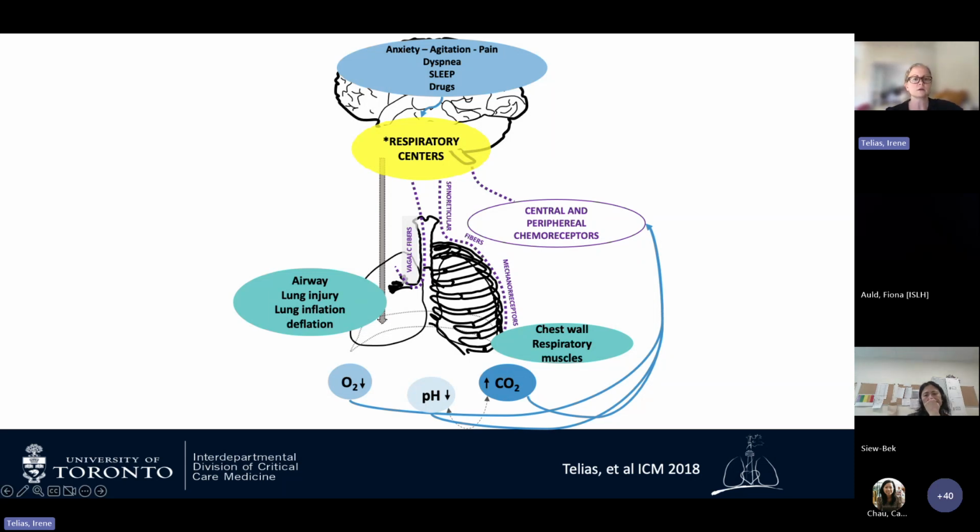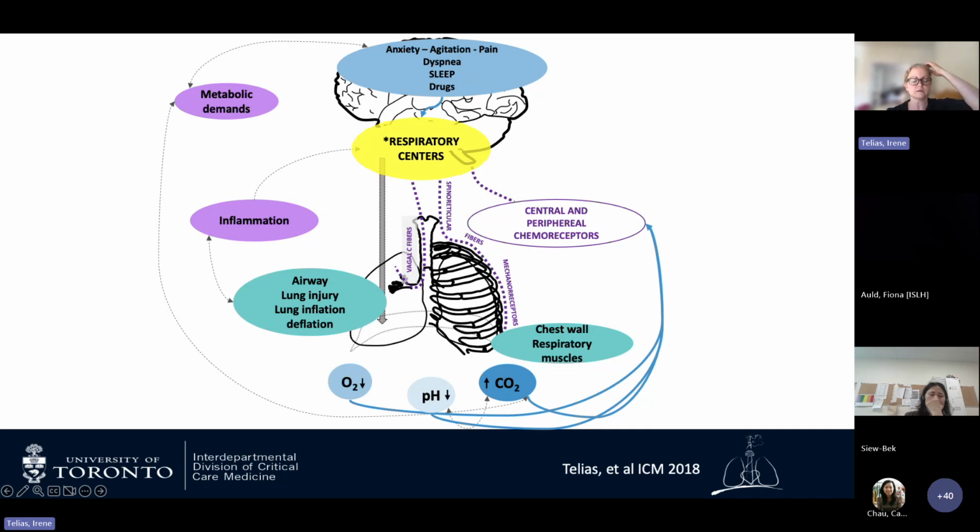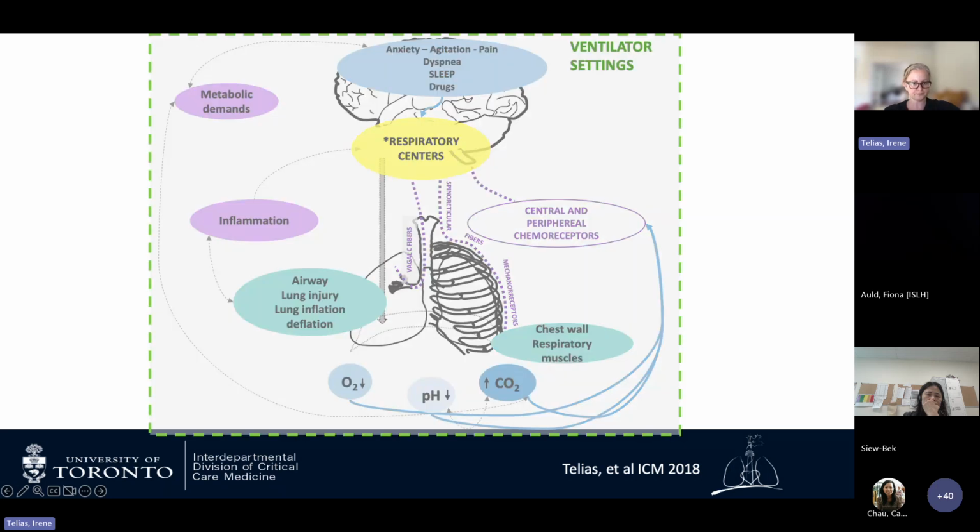And there are different drugs that act on different parts of the neural system that can modulate respiratory drive. There are systemic factors, such as systemic inflammation. It's a big stimulant for respiratory drive. And through changes in metabolic demands, we're modulating respiratory drive through this chemoreceptor control system, but also centrally.